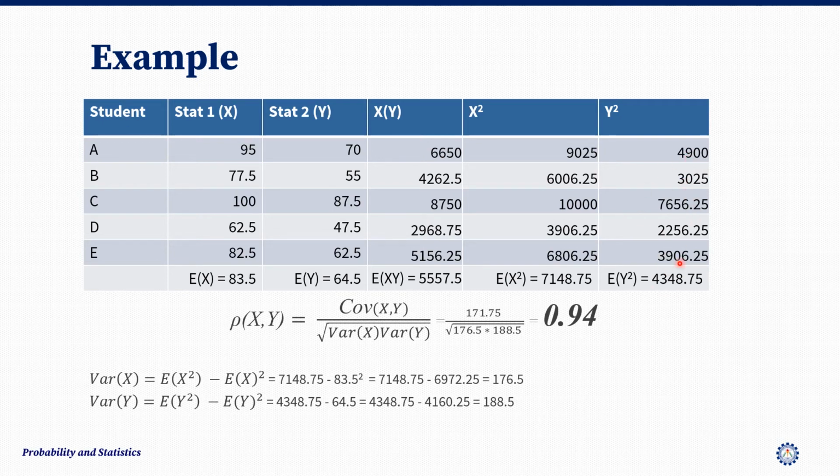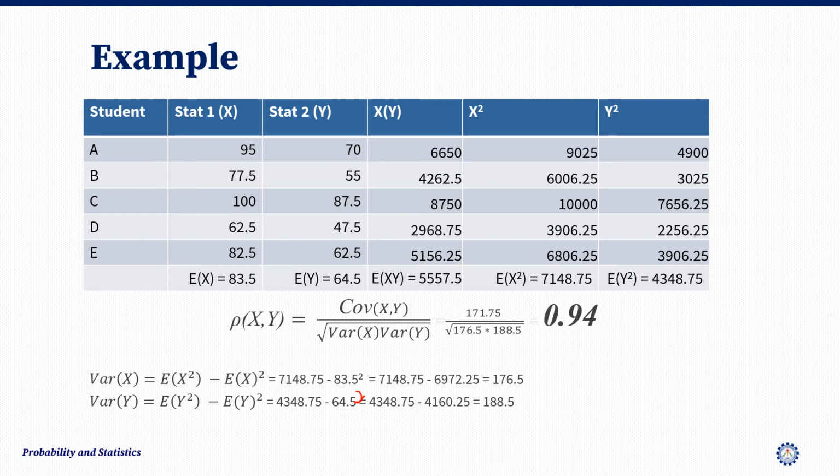Then we get the average of our y squared, which is 4348.75. Now we follow the formula: 4348.75 minus 64.5, squared, which is 4160.25, equal to 188.5.